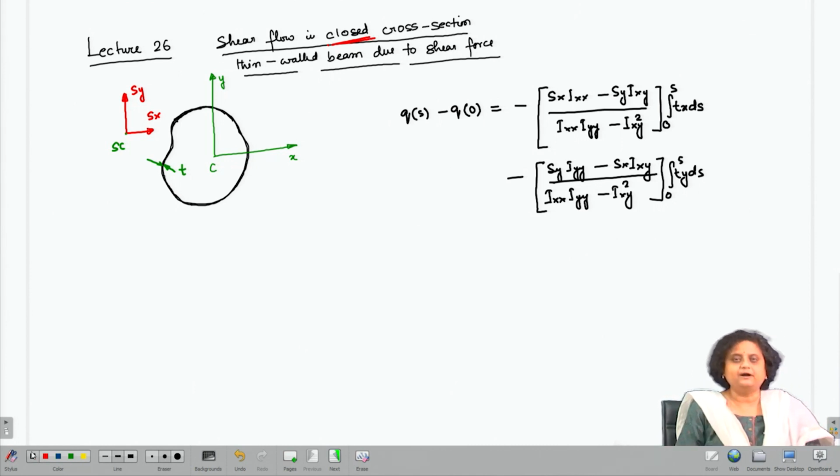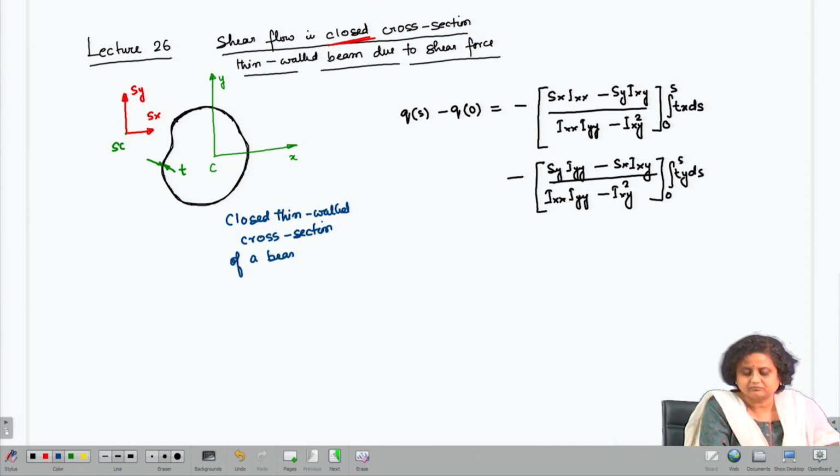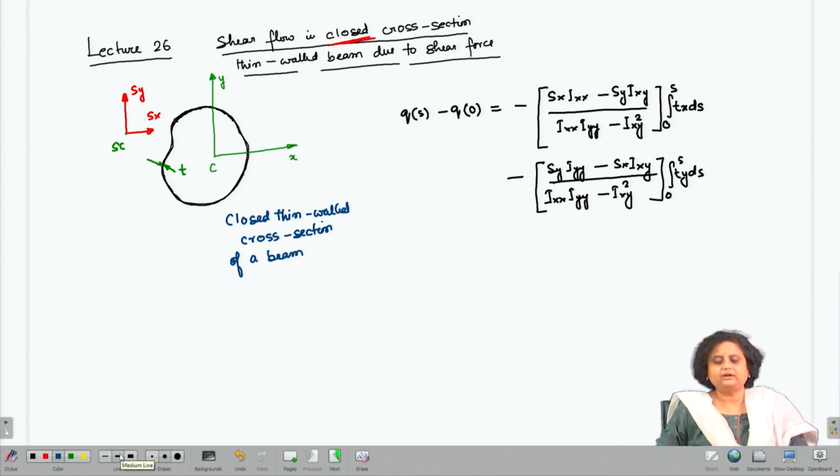So, this figure shows the closed thin wall cross section. This shows the thin walled closed cross section of a beam, where the black line is the thin wall of the cross section.